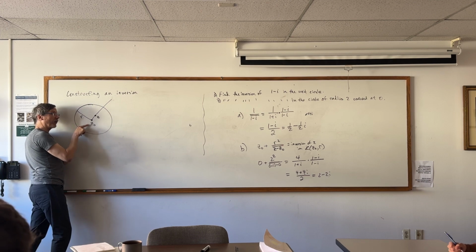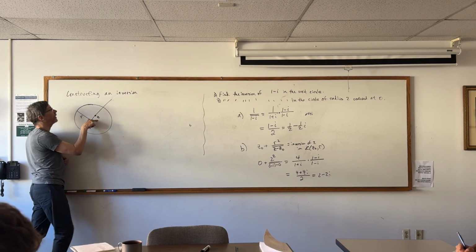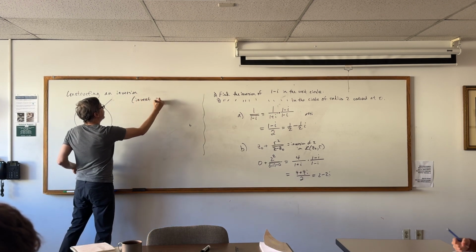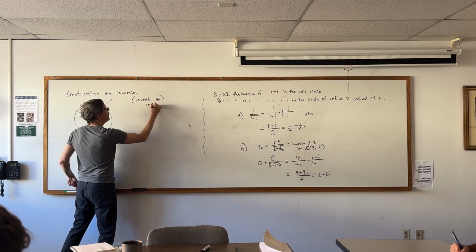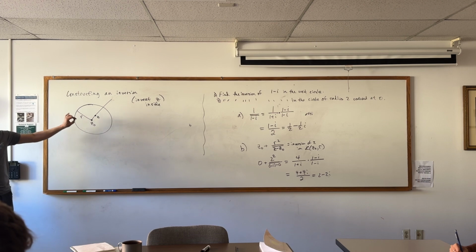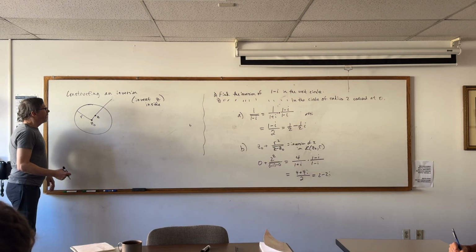Remember that the inversion will be on the line between the center and the point we want to invert. Here we're going to invert z, and z is going to be inside. The construction is completely different depending on whether z is inside or outside the circle.